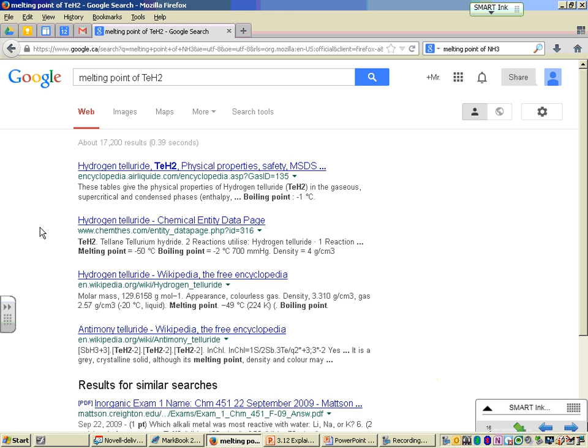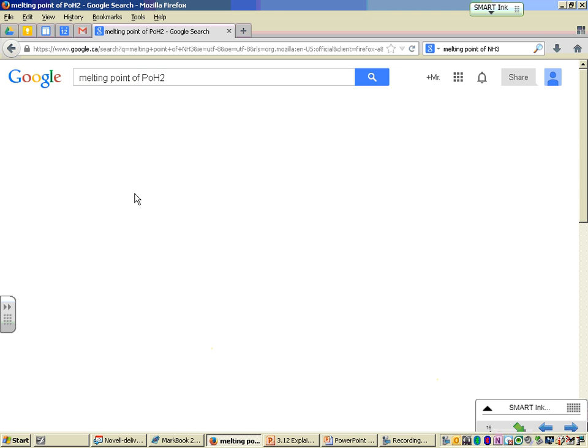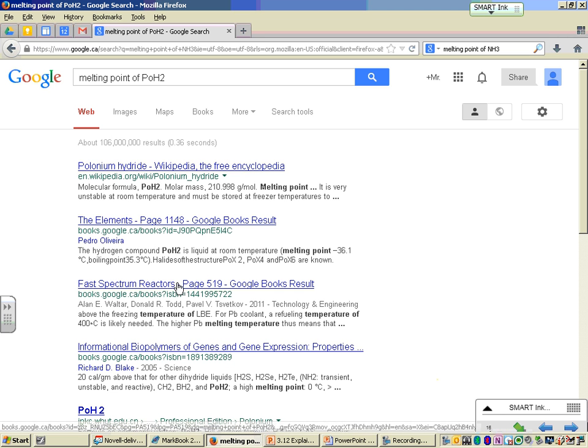The hydrogen bonding seems to dominate greatly. Well, we've only got one more choice, PoH2. Very unstable at room temperature.